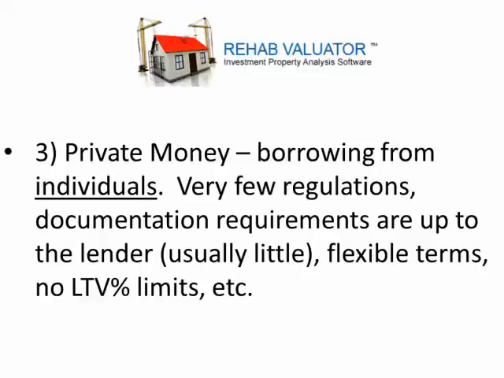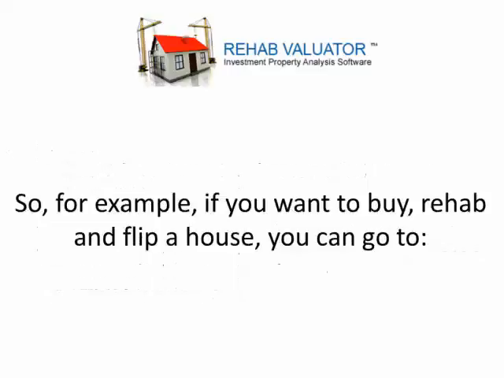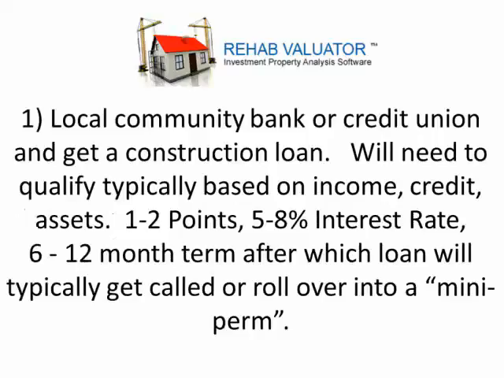So, for example, if you want to buy, rehab, and flip a house, here are your options. Other than obviously doing it with cash, here are your 3 most common options. One, you can go to a local community bank or credit union and get a construction loan. It will typically be based on income, credit, assets, etc. You'll pay 1 to 2 points, and these days I'm seeing interest rates of 5 to 8%.